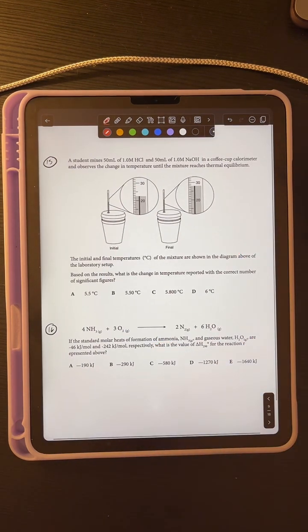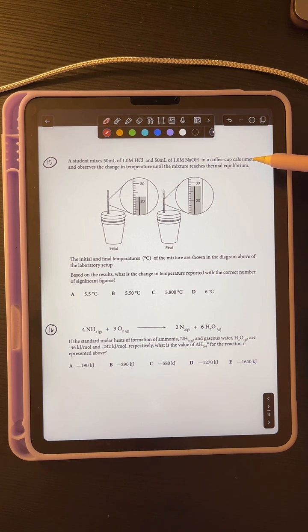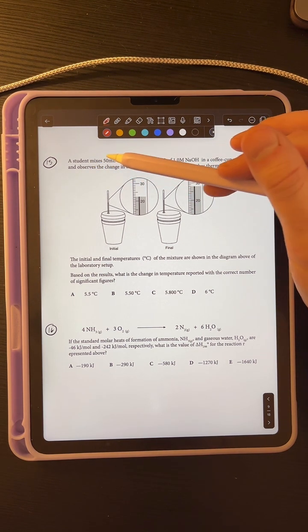So we have here, a student mixes 50 milliliters of 1.0 molar HCl and 50 milliliters of 1.0 molar sodium hydroxide in a coffee cup calorimeter, and observes the change in temperature until the mixture reaches thermal equilibrium. It's been a long Tuesday, y'all. Tuesday is the best day, though.